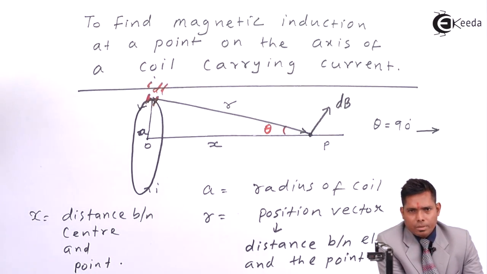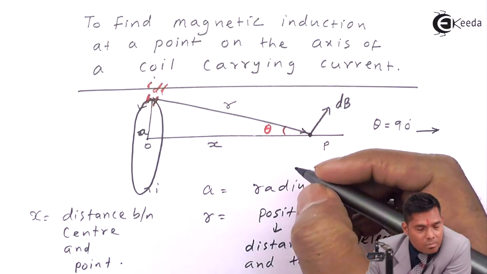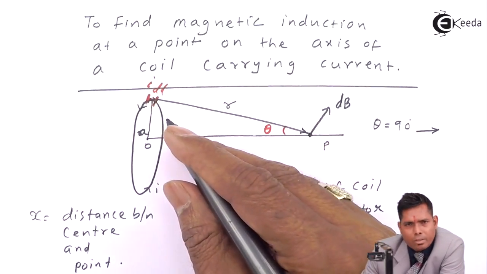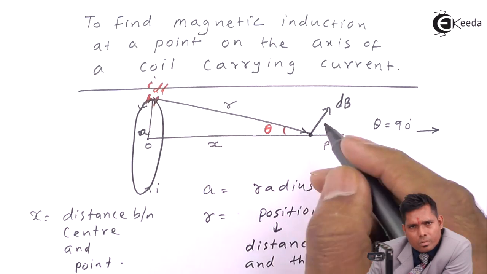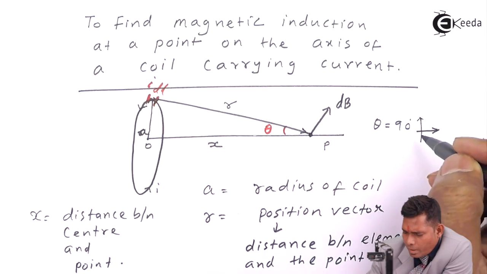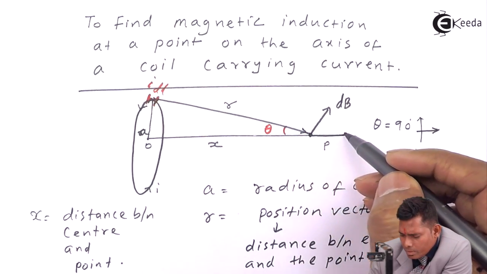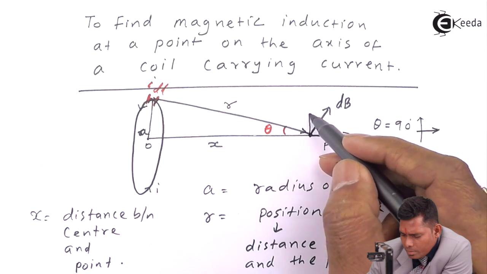This is the direction of B, in this direction. So each element will have contribution from this direction. Therefore, I have to resolve, irrespective of the element I choose, in these two directions. The vector has to resolve along these two directions. One is this direction, another is this direction.